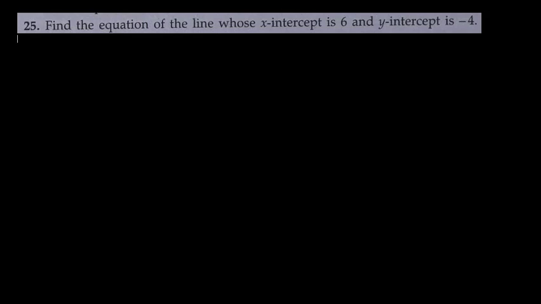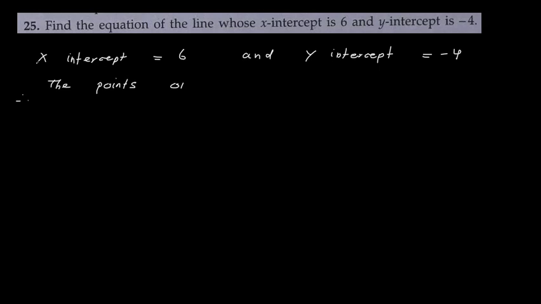So here x-intercept is given, x-intercept is equals to 6 and y-intercept is equals to minus 4. So therefore the points on line are x-intercept 6 means 6 comma 0 is one point, and y-intercept is minus 4 means 0 comma minus 4 is another point.